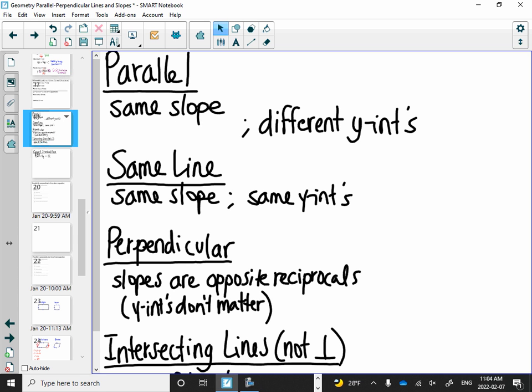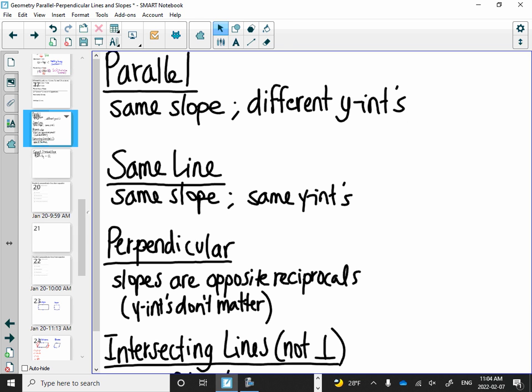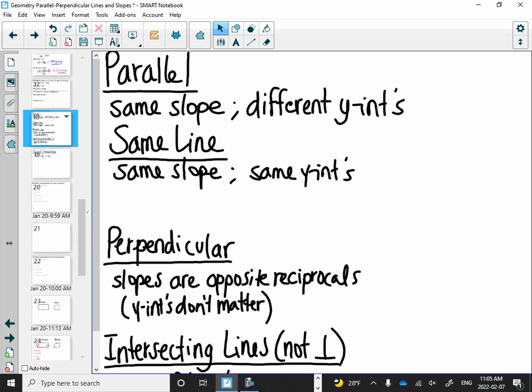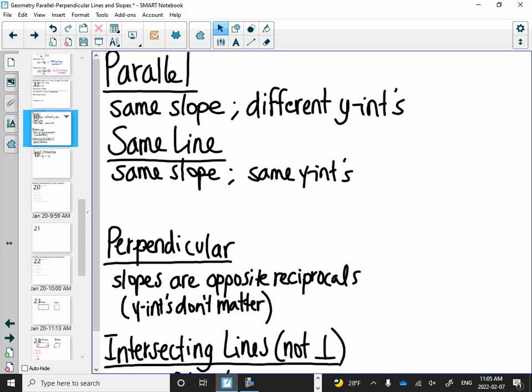Correct? However, if they're parallel, do they cross the y-axis at the same spot? No, because they're separated, right? So they have the same slope, but they have different y-intercepts. That's the first thing we need to know. Now, if they have the same slope and the same y-intercept, what do we know about them? They're stacked on top of each other, and they're the exact same line. Okay?